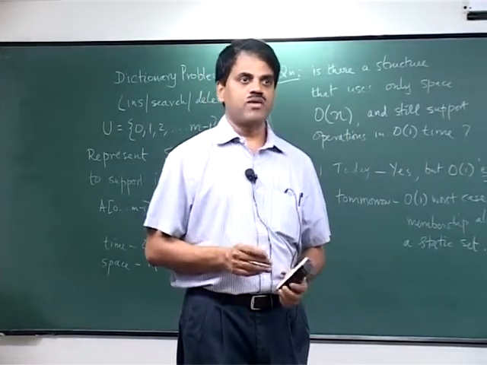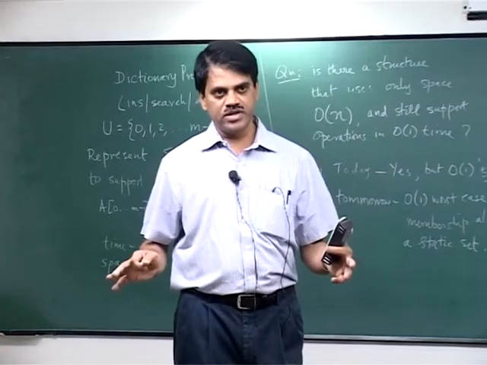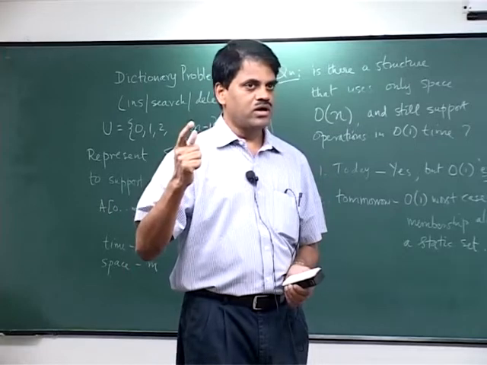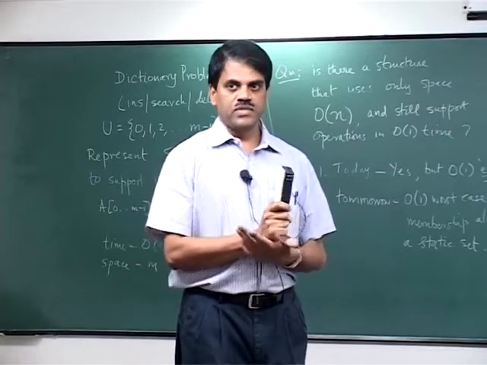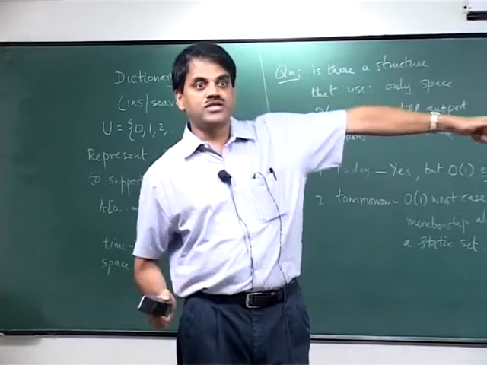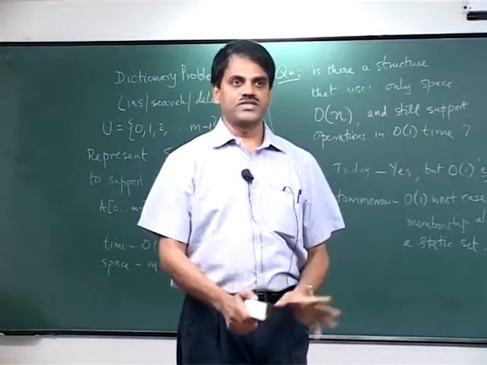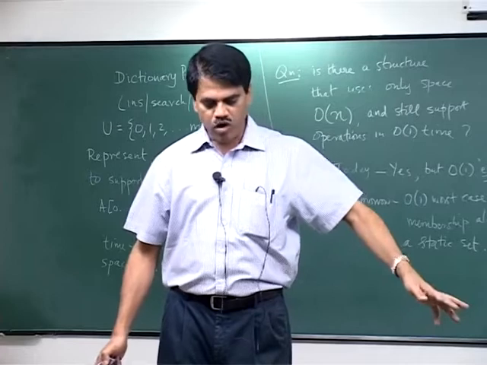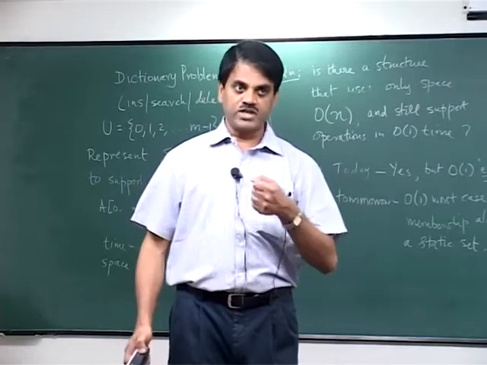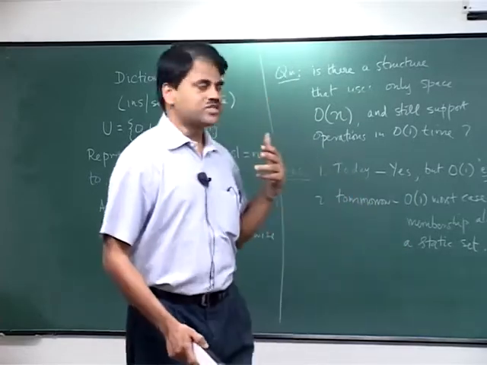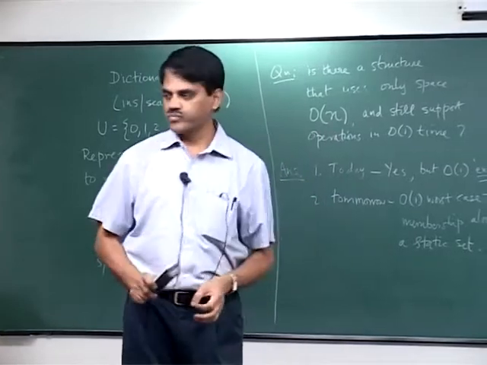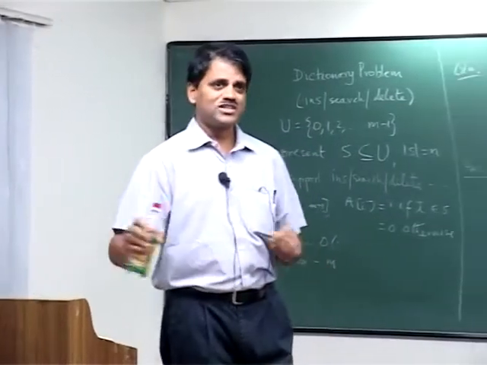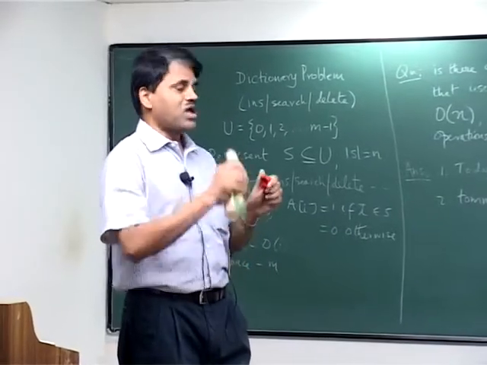What can I say about the expected size of the bucket, where the expectation is over all the hash functions in my family? That's how I built in the randomness here. When I average over all these hash functions, the size of this bucket. It's pretty reasonable.